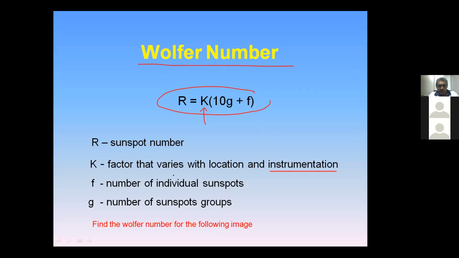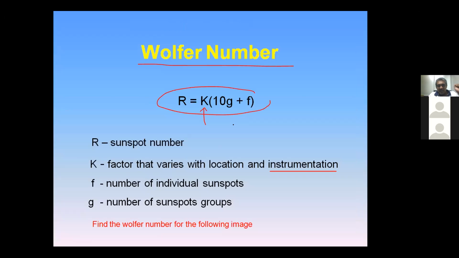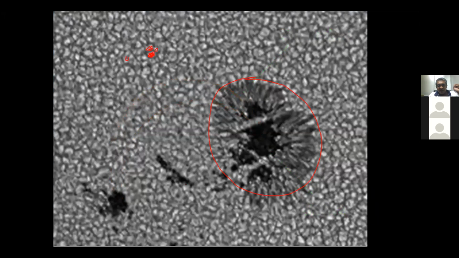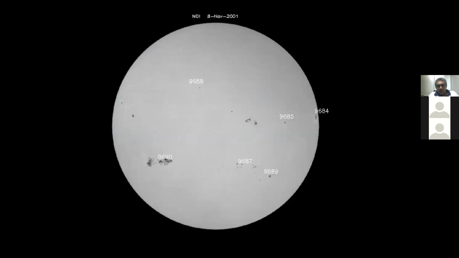R is the total number of sunspots. G is the number of sunspot groups. If you find there are three groups available in your disk image, like A, B, C, then G is going to be 3. And then F is the number of individual sunspots. Individual sunspots means, here if you look at this diagram, you have to count all these small dots as much as possible.